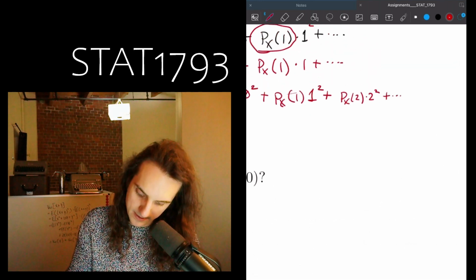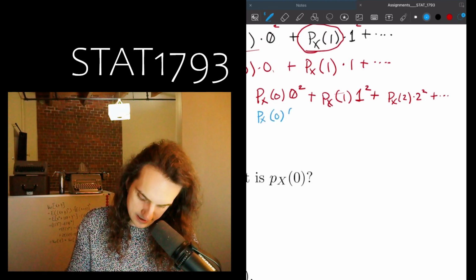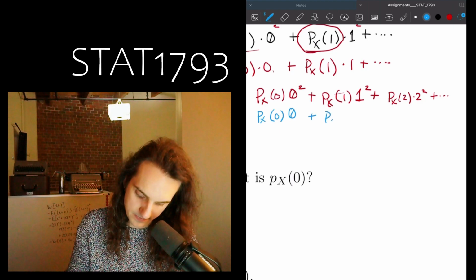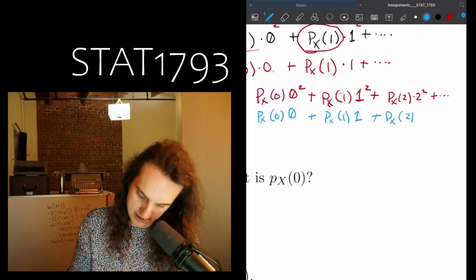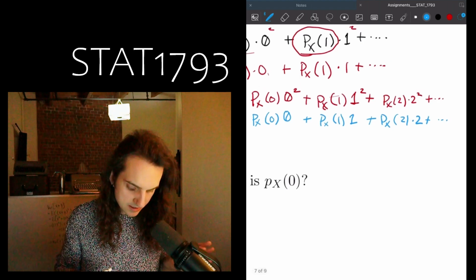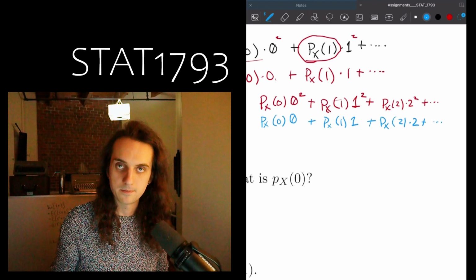Right? And with the expected value of x, we're thinking about probability of x is 0 times 0, or, sorry, not squared, just 0, plus probability x is 1 times 1 plus probability x is 2 times 2, and so forth. Okay? So, here, we know that these two things sum up to be the same thing, right?